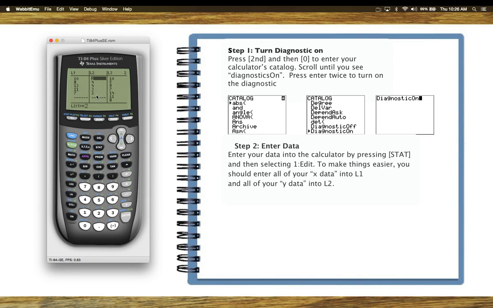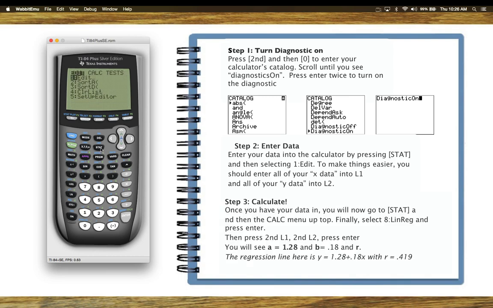Now you go back to the stat key and you move your cursor to calculations. And for our purposes, we're using a linear regression line. Now you actually have two choices. You have number 4, where the line is in the form ax plus b, or if you scroll down, you have number 8.